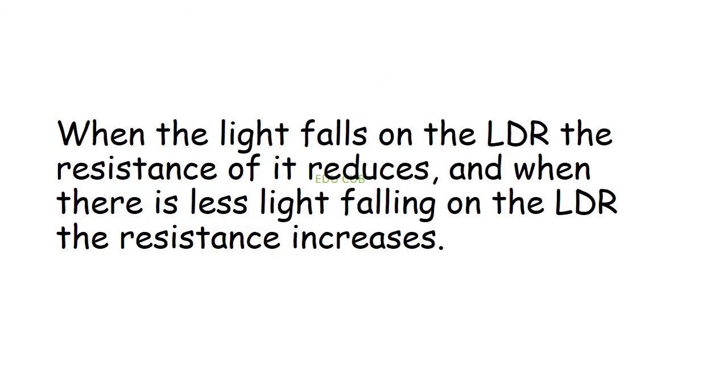When light falls on the LDR, its resistance reduces. And when less light falls on the LDR, the resistance increases. Therefore, light dependent resistors, LDR, are resistors whose resistance changes based on the amount of light falling on them.